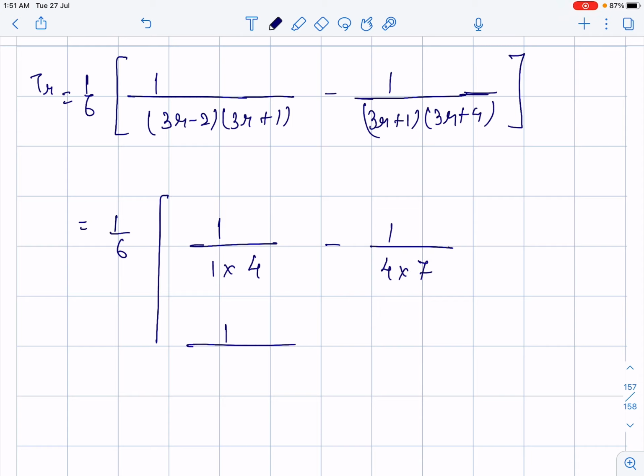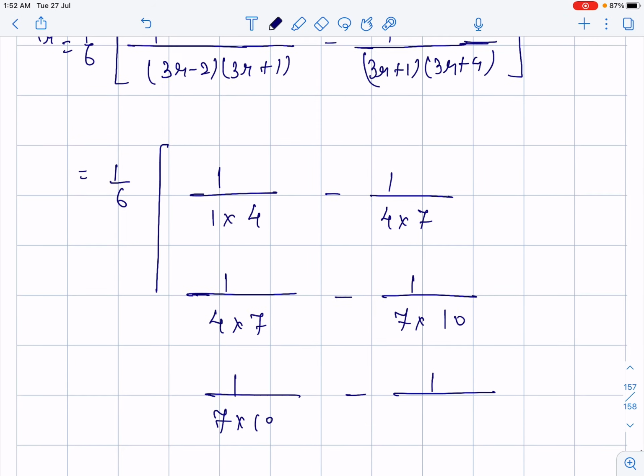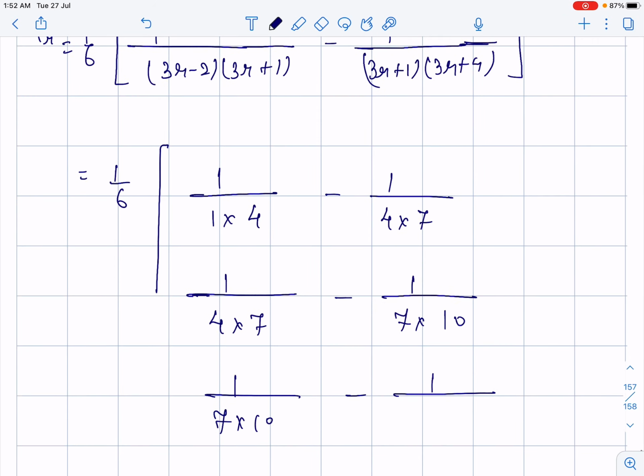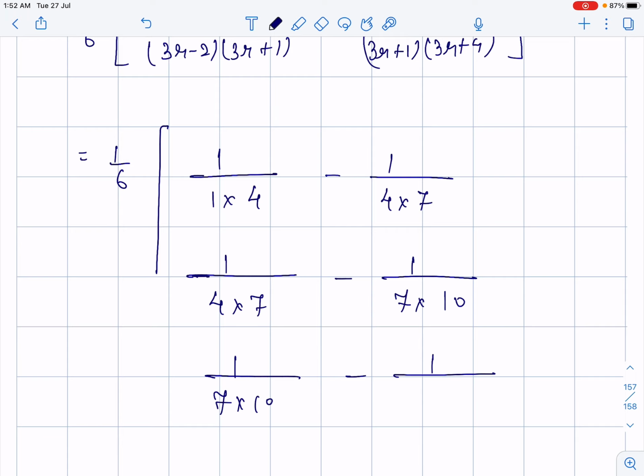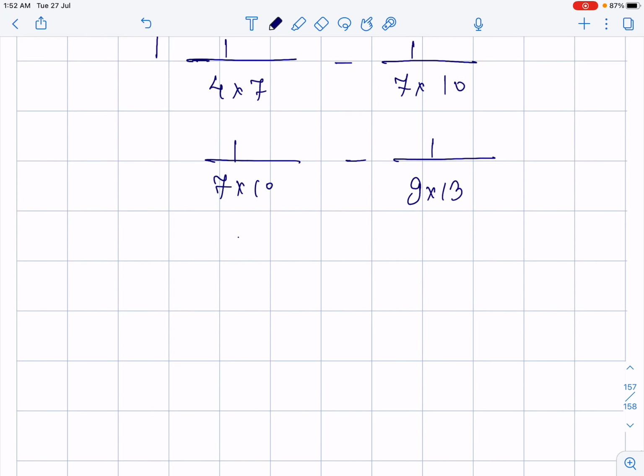When 2 is kept, 1 divided by 6 minus 2 is 4, then 6 plus 1 is 7, minus 1 divided by 7 multiplied by 10, plus 1 divided by 7 multiplied by 10, minus 1 divided by, when 3 is kept, 9 multiplied by 13 it will be.